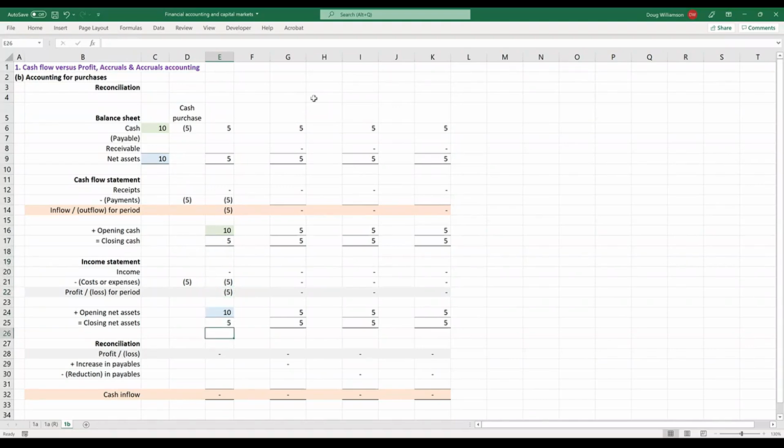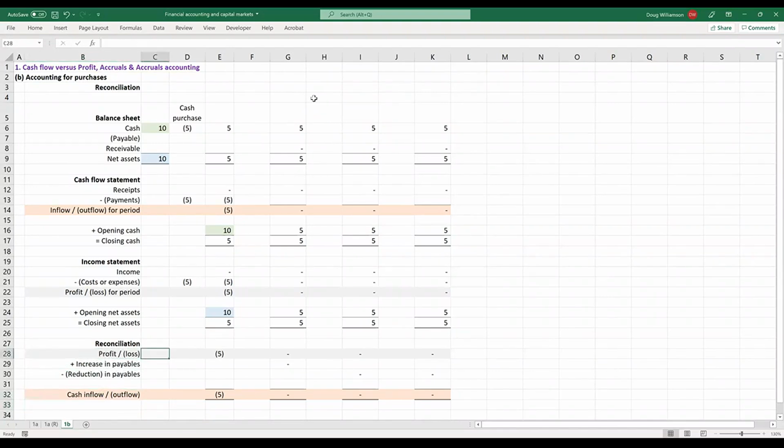And then reconciling between the profit or loss, which is a loss, and the cash inflow or outflow. There's a cash outflow of 5, and there's a loss of 5, and there aren't any reconciling items.